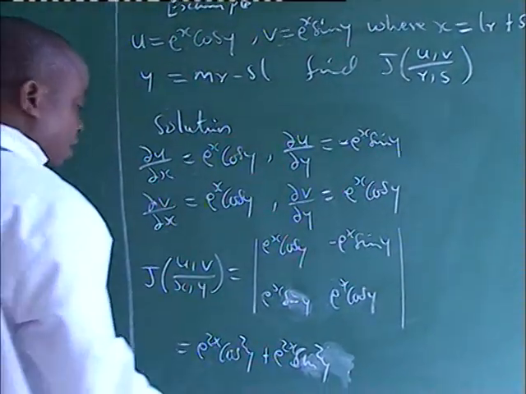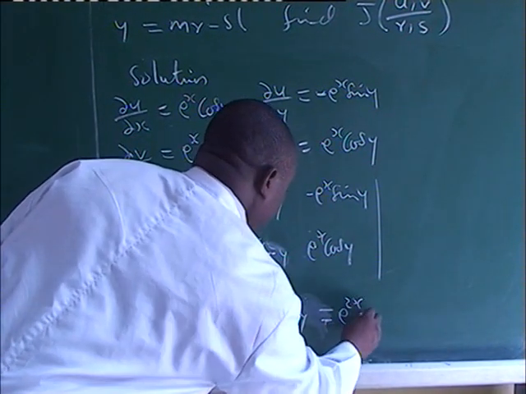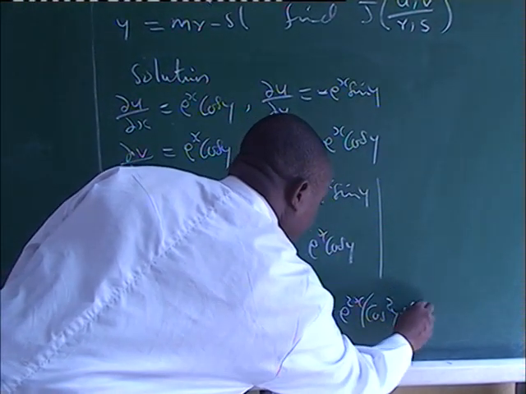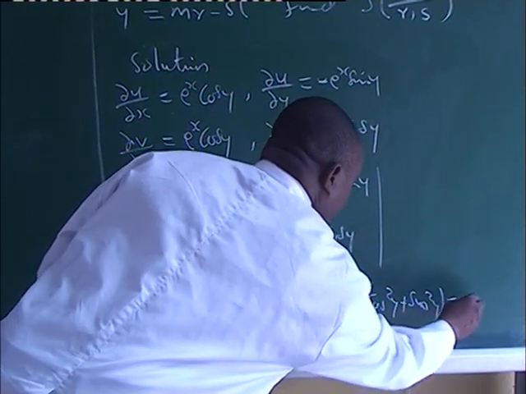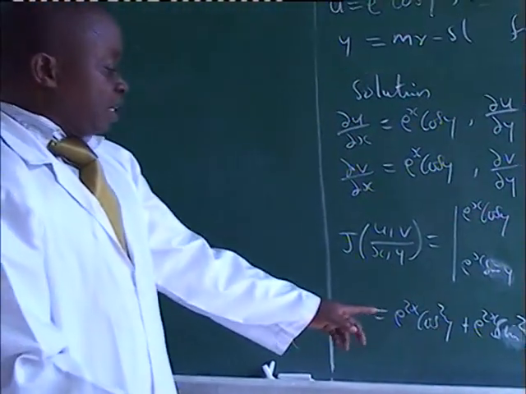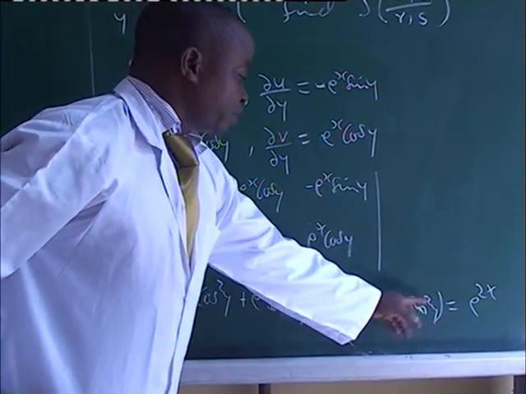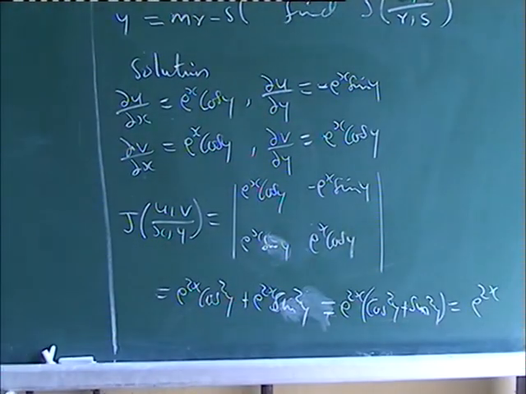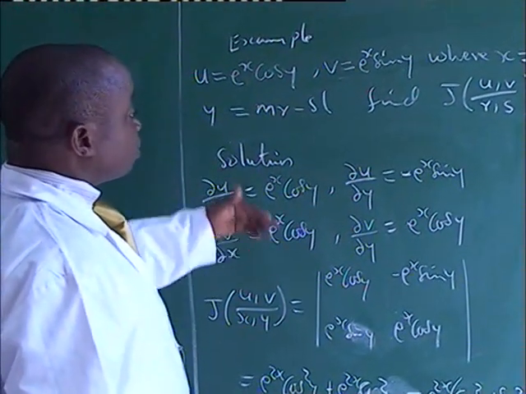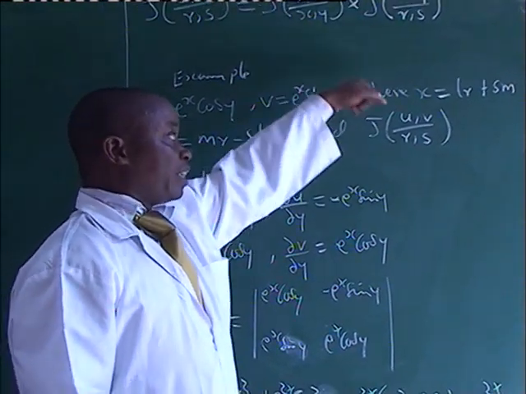So we have this, and this is the same thing as e^(2x) times cos squared y plus sin squared y, which is equal to e^(2x), because cos squared y plus sin squared y, which we know is 1. So we have e^(2x).